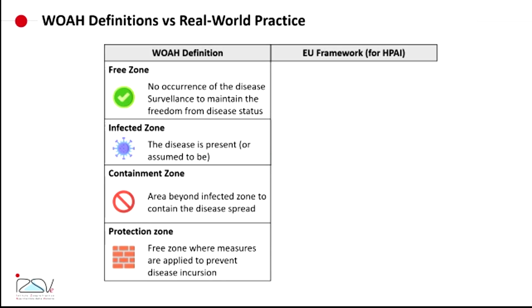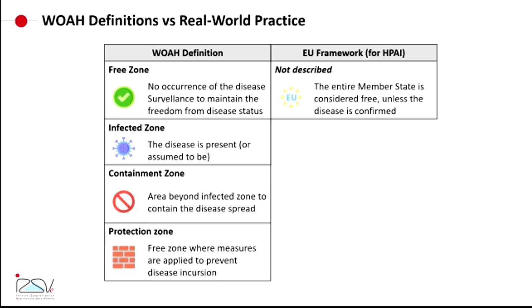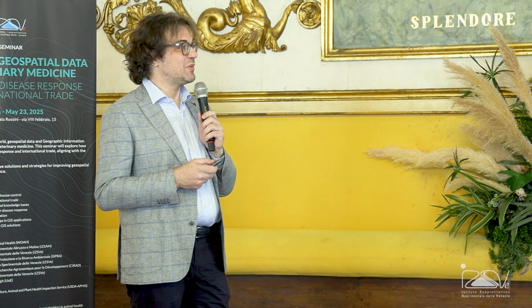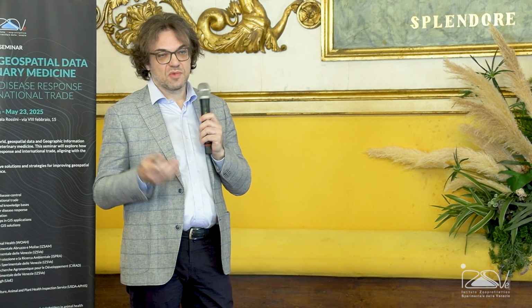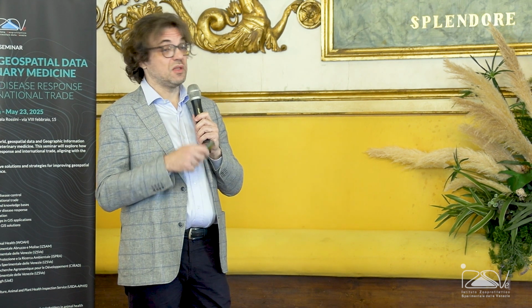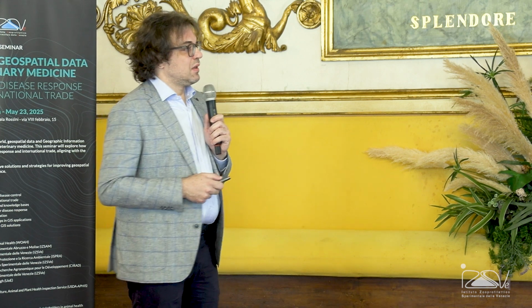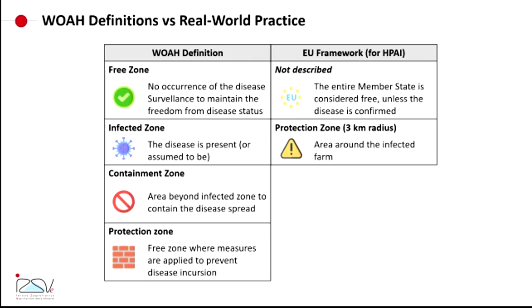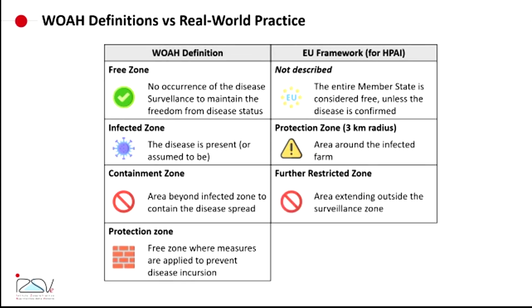Let's compare these definitions against some real world case, in this case the EU framework for rabies. Free zones are not actually described in the EU legislation. They are taken for granted when you don't have any case. It is considered a free zone, but there's no definition of the zone. For the infected zone, actually we call it the protection zone. I think it is a 3 kilometer radius around the case, and that's one of the first things.